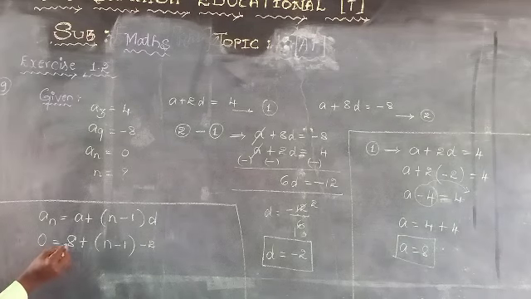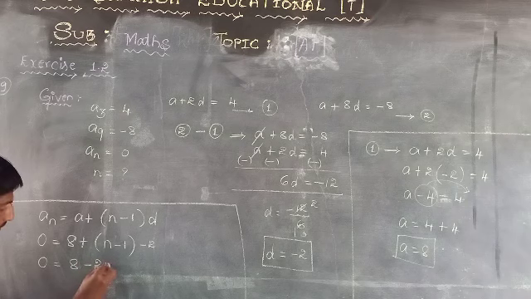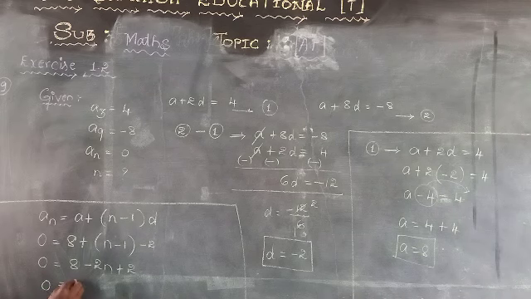Now, 0 is equal to 8 plus, minus into minus 2n, minus into minus is plus 2. Then 0 is equal to 8 plus 2, that is 10, minus 2n.